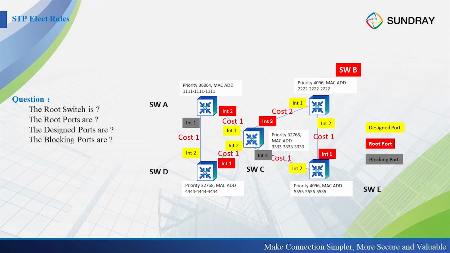After we elect the root port, let's see what the designated ports are. Actually, for designated ports, the ports that are neither root ports nor designated ports are in the blocking state.